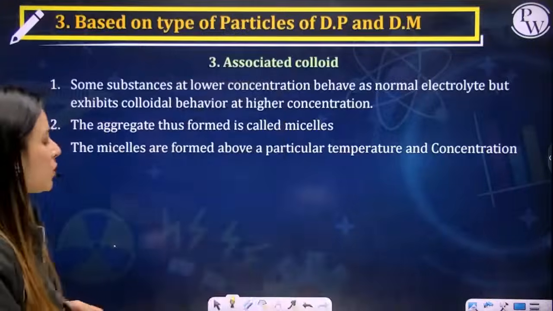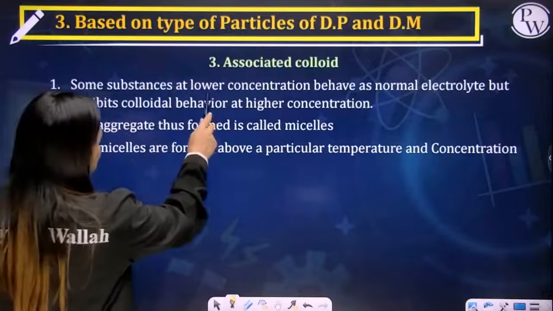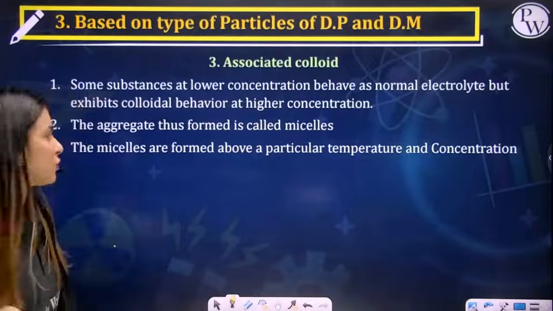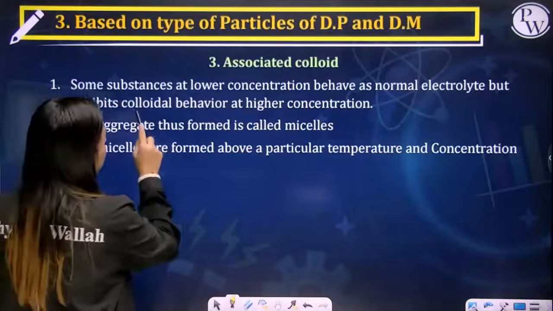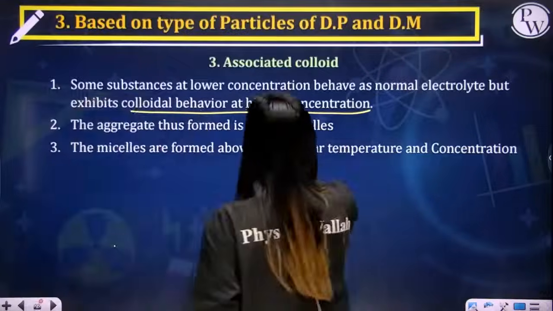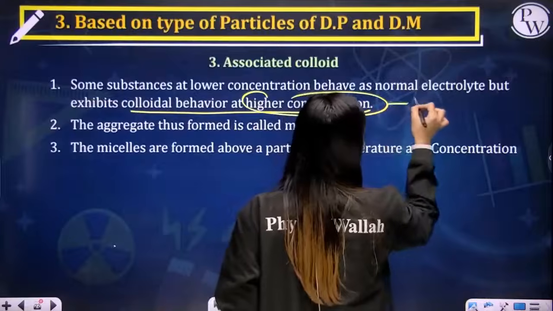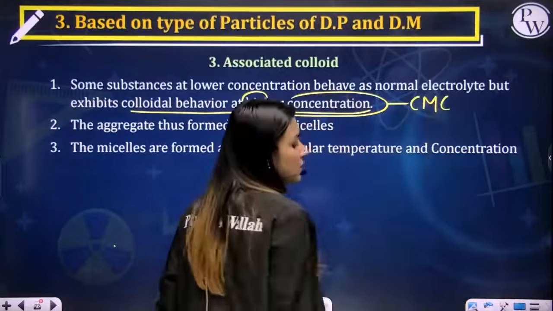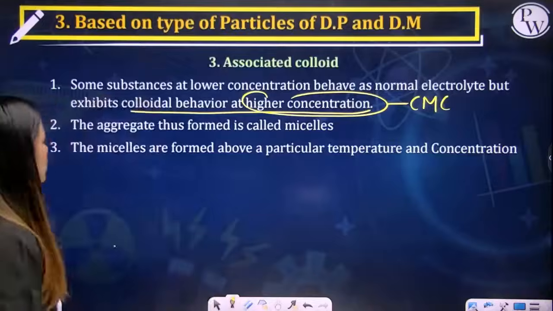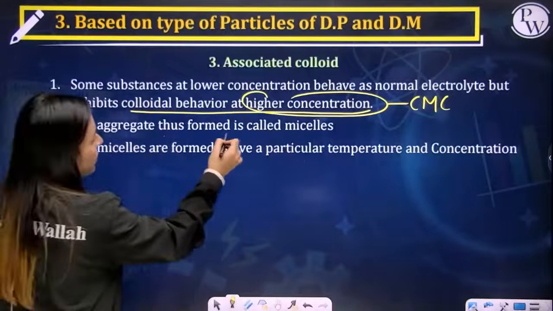Okay, now let's try to read it. Some substances at lower concentration behave as normal electrolytes, but exhibit colloidal behavior at a higher concentration. And this higher concentration is known as the critical micelle concentration. The aggregate thus formed is called the micelle.